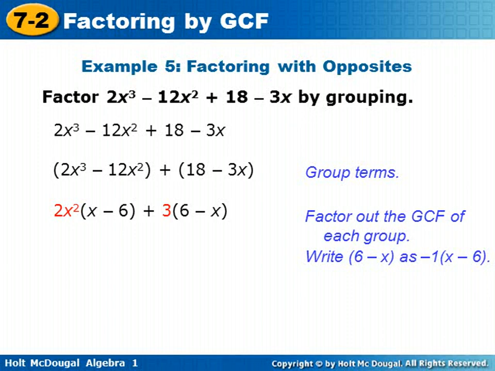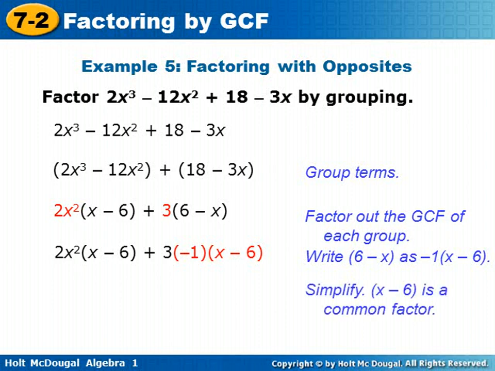We want them to be the same so they're a common factor to pull out, but right now they're opposites. So we're going to pull out a negative 1 from the second grouping term also, in addition to the 3, and that gives us the same thing inside the parentheses left over.